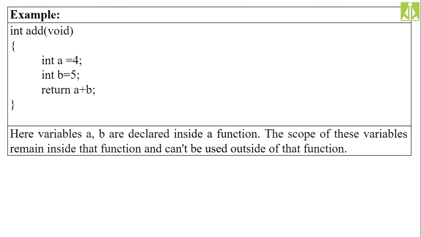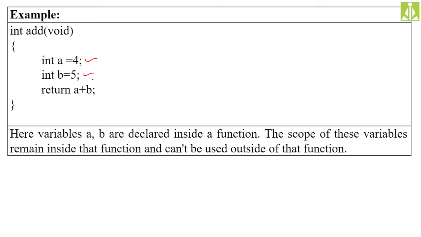Here, if you see this example of the add function, I have written one user-defined function, add, and inside that function I am declaring two variables, a and b. A's value I'm initializing to 4 and b's value to 5, as you can see over here.